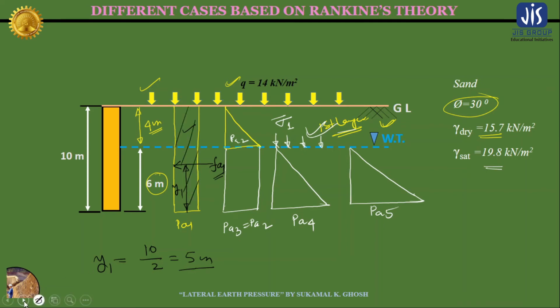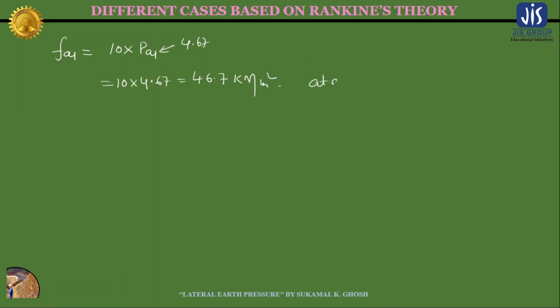So let me write it here. The FA1 will be the height of the pressure distribution diagram, which is 10, into Pa1, and the Pa1 is 4.67, so it will be 10 into 4.67, that is 46.7 kilonewton per meter, acting at a depth of 5 meter from the base, right?